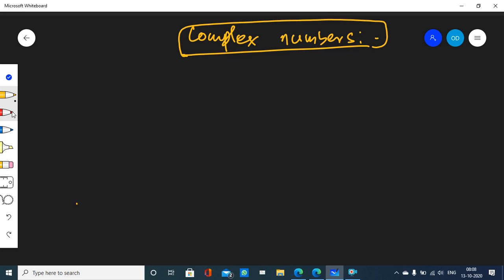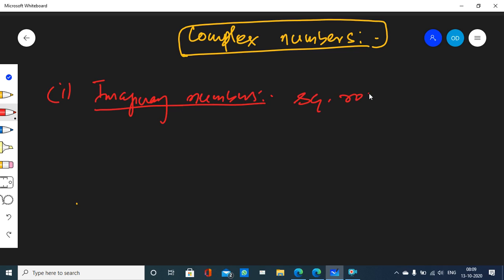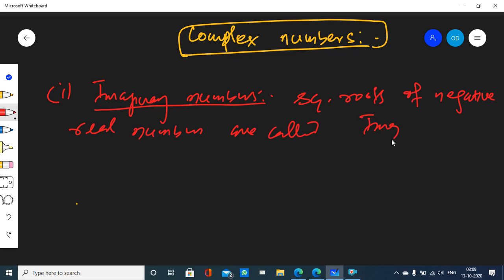The first point, let's discuss imaginary numbers. You already know what imaginary numbers are. Square roots of negative real numbers are called imaginary numbers.